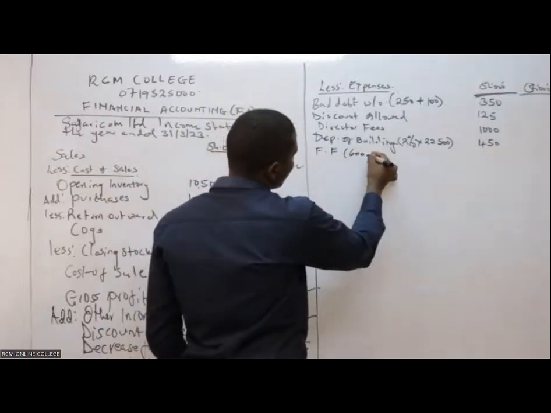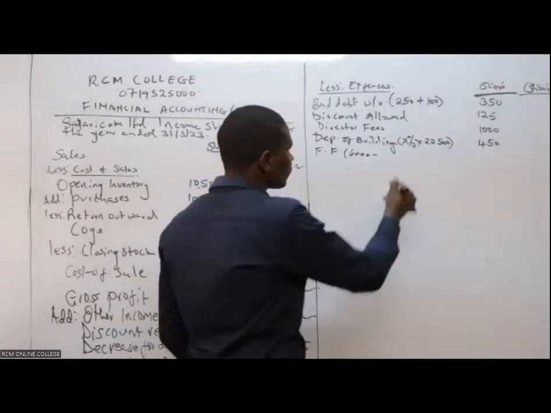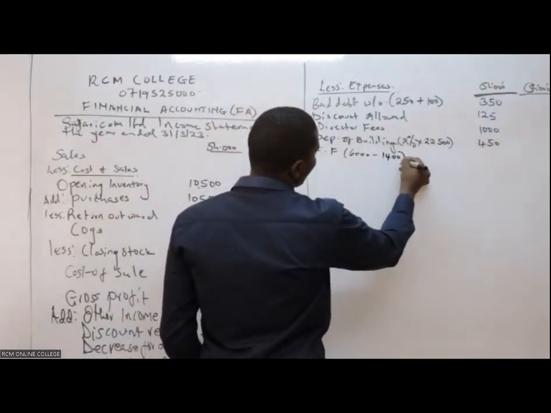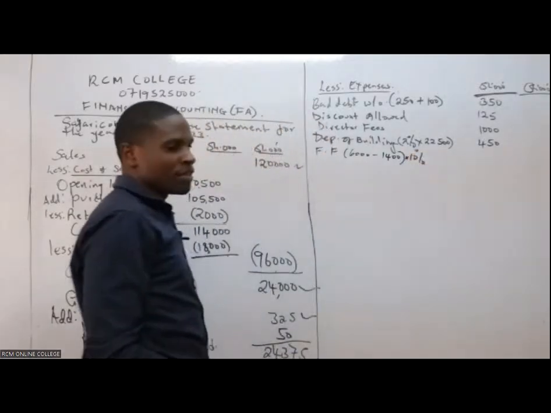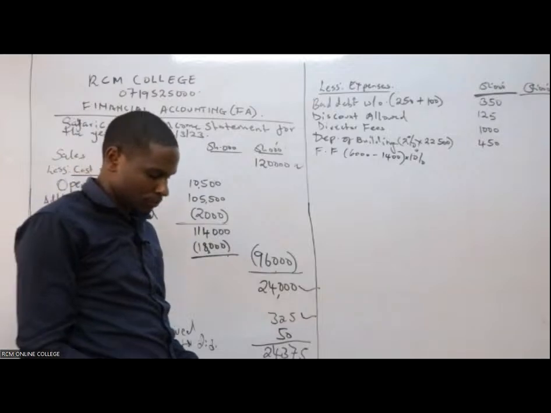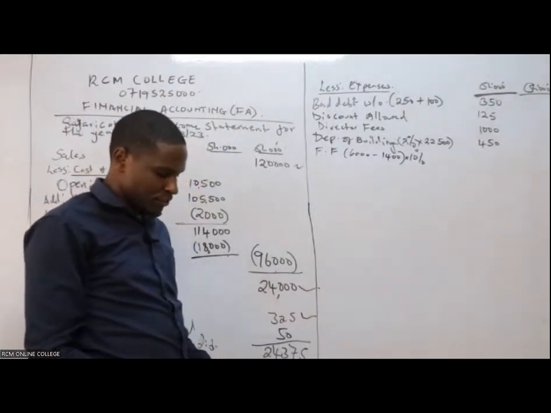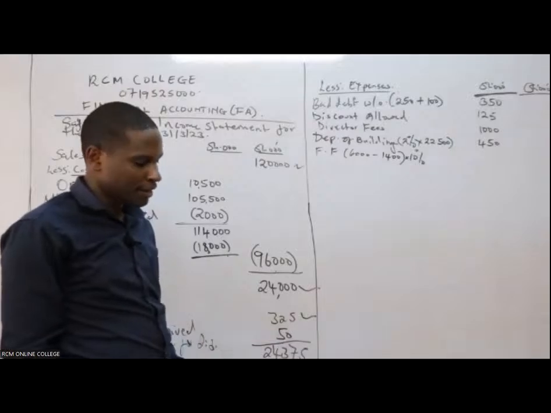6,000. Reducing balance, you have to take cost minus accumulated depreciation, which is 1,400. Then you find 10% of that difference. What is the depreciation of furniture and fitting? Acha nione nani anapatia pale.